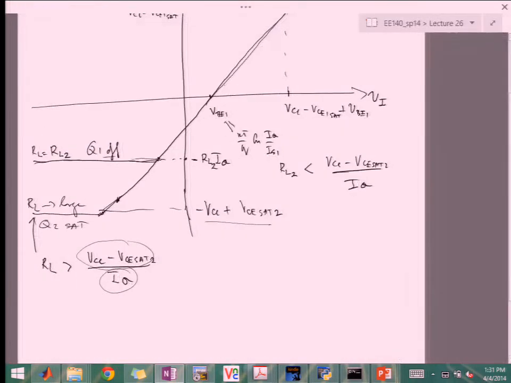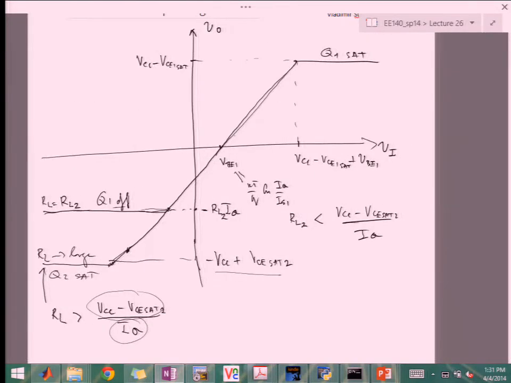Okay, so let's see, what are the implications of cutting off early like this? Does anybody see? If I provide RL that's very large, I have a nice symmetric transfer function. My VI can go from here all the way to here, and I'll be able to transfer that to this output range.